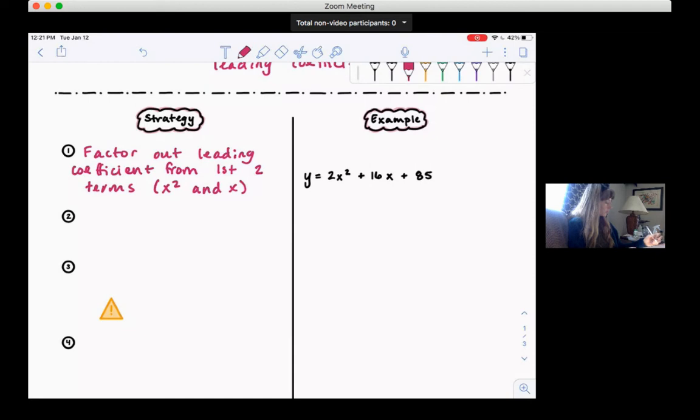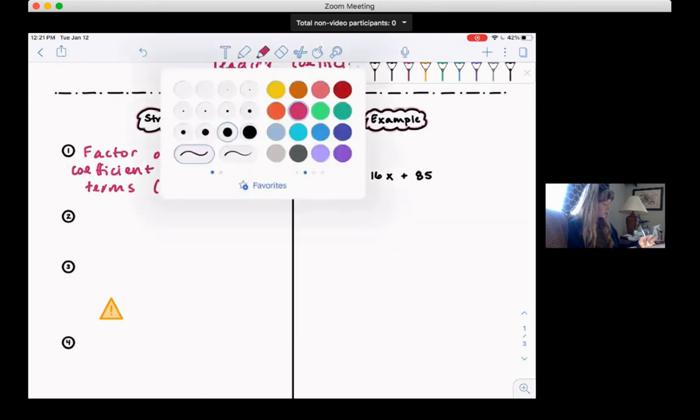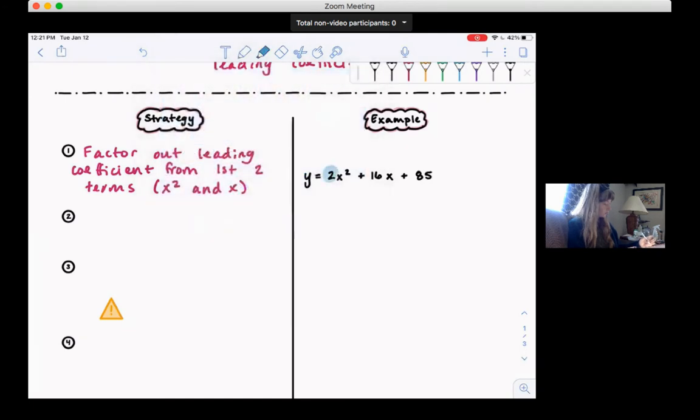What color do I want to use? Let's use blue, maybe. So our leading coefficient is, in this case, 2. So we're going to factor 2 out of the first two terms. So I'm going to move the 2 to the front, and then I'm going to ask myself, if I undistribute a 2 from this term, what do I have left over?